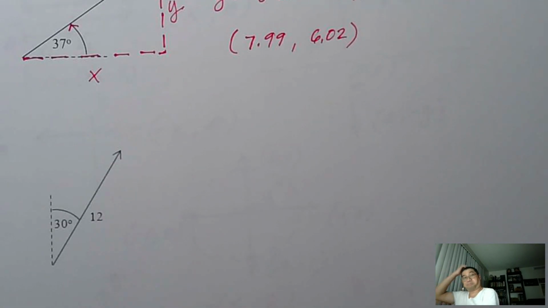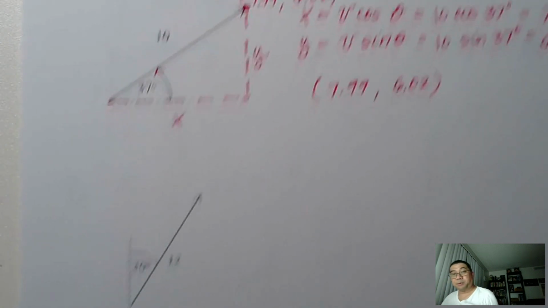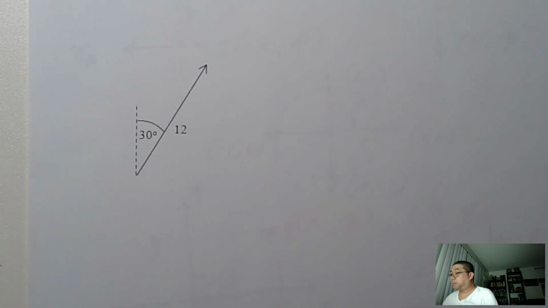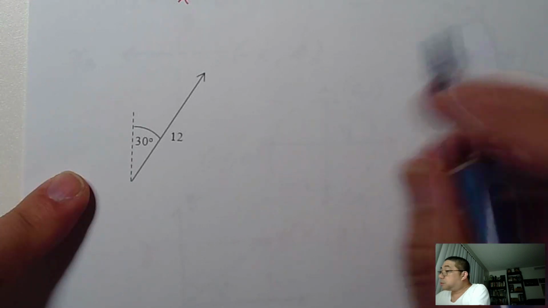Next example, where you have a vector that is 12. Now, what is the angle we're going to use? That's a good question to start with. So, first part, let's draw it this way.